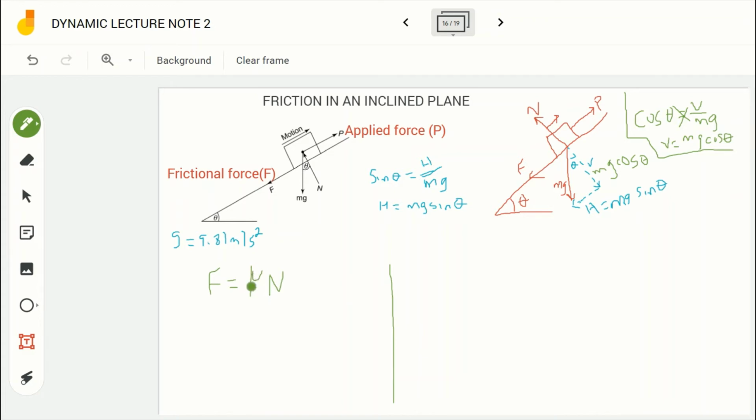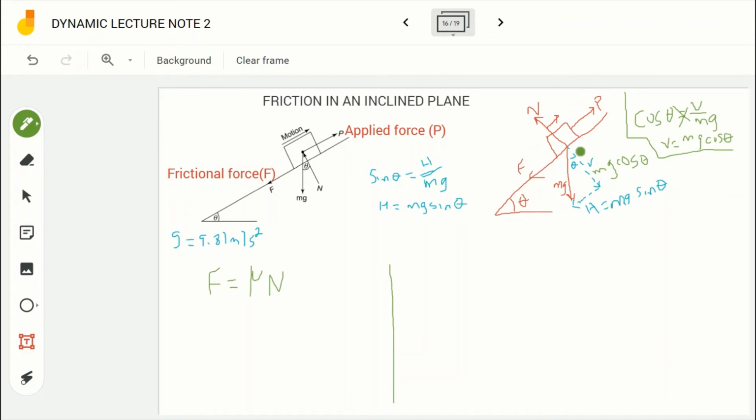In most questions, you'll be given the value for the coefficient of friction. Now to solve this question, you can see that I have forces going up, to my right and to my left, and forces going up and going down. The forces P and F, and even our H, are parallel to the plane, while forces V, which is mg cos theta, and N are perpendicular to the plane.